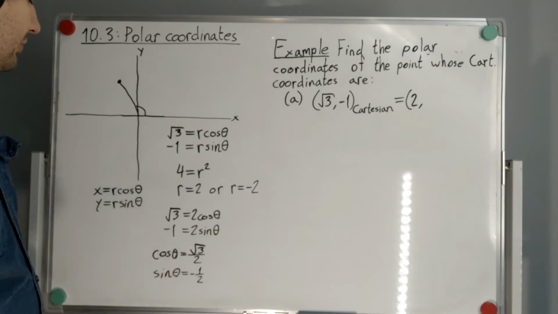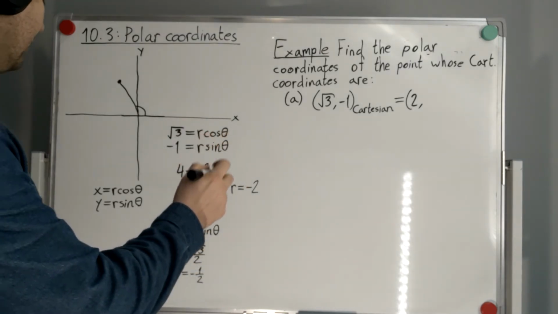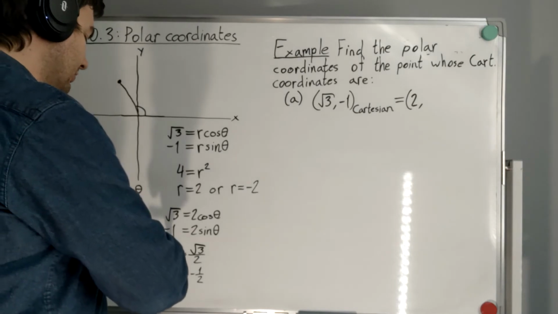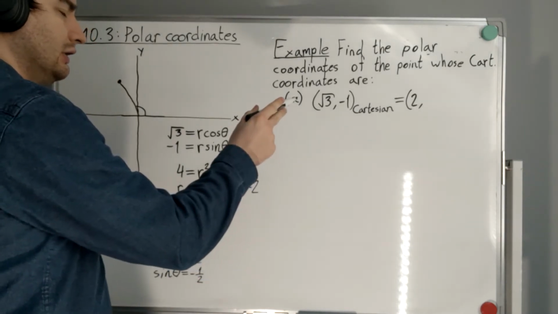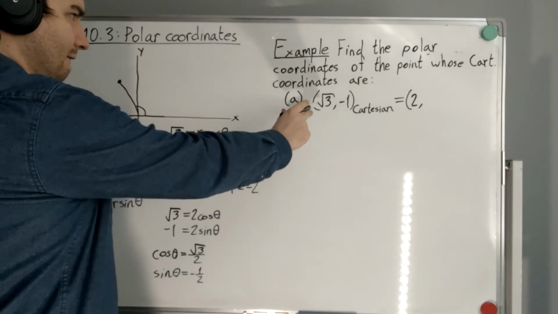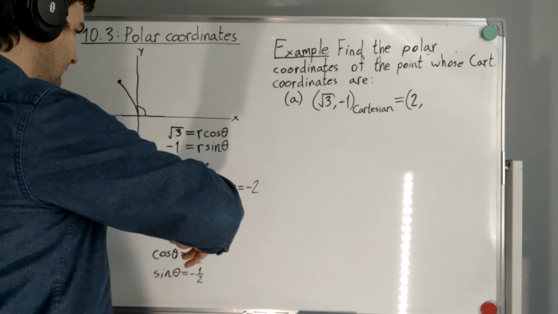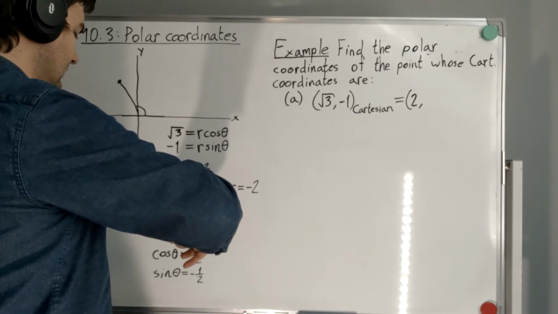So cosine theta equals root 3 over 2. Wait a second. How could cosine theta be root 3 over 2? Oh.